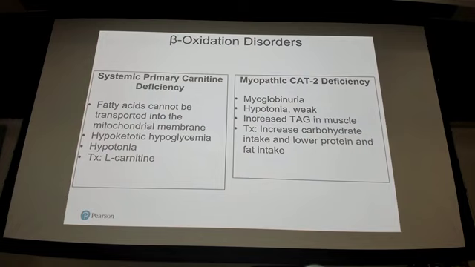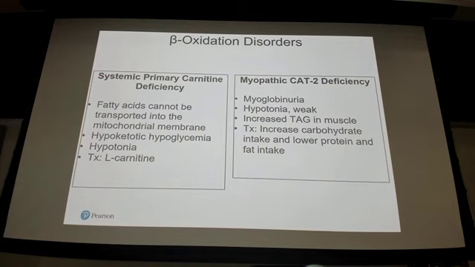Does that make sense? Any questions about that? So the treatment for that, we can buy this at GNC or Walmart anywhere, is L-carnitine. It helps get those fatty acids through the mitochondria into the matrix in order to be broken down.